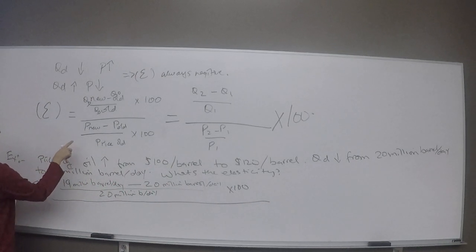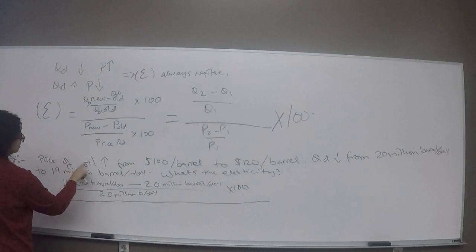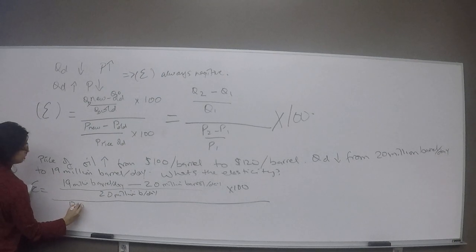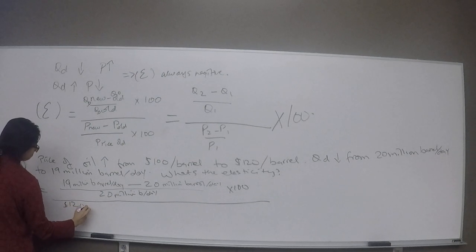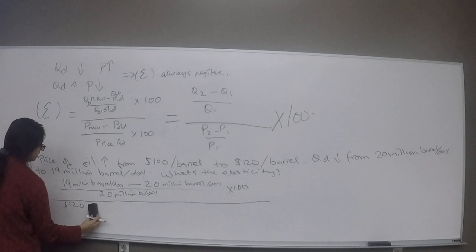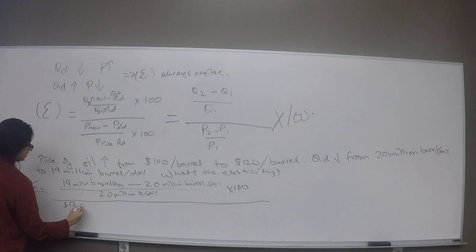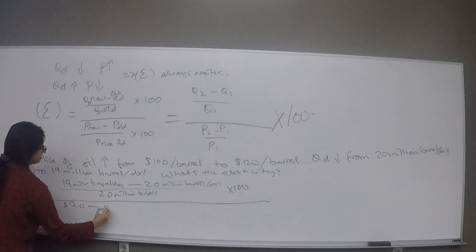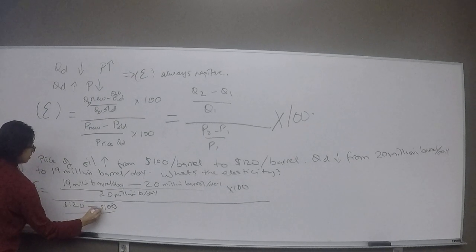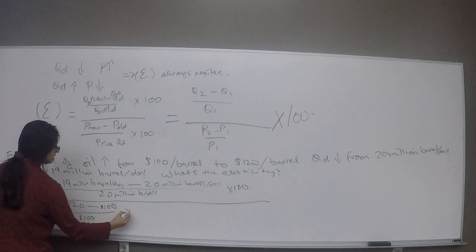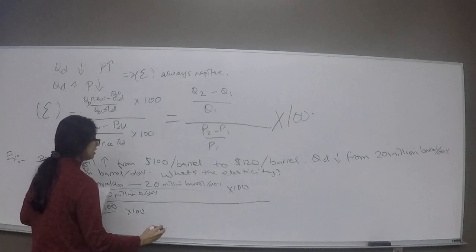And the change in price is, the price of oil increased from 100 to 120, so $120 per barrel is the new price, so 120 minus 100 divided by 100 times 100. So what does that equal?